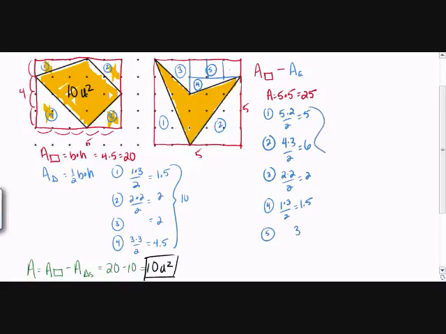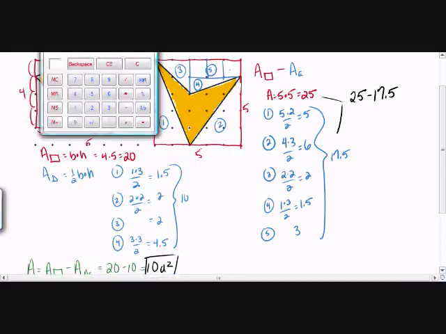Now remember, we have to add all this up. We have to get a sum. It's 11, 12, 13, 14, 17.5. So we're going to do our subtraction here. We're going to take our 25, which is our entire rectangle, and subtract all our empty area, which is 17.5, and 25 minus 17.5, because of the 0.5, be careful, it's 7.5.